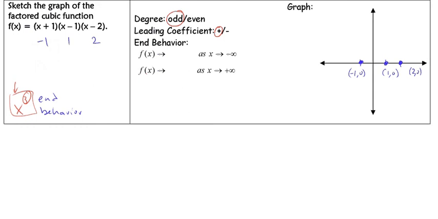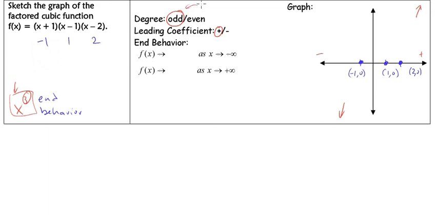So it's starting at negative infinity. This graph is going to head, as x gets more and more negative, y will get more and more negative. And as x gets more and more positive, y will get more positive. Remember, they're going opposite directions. If it's a positive leading coefficient, as x gets negative, y goes negative, and as x gets positive, y goes positive if it's an odd degree polynomial.